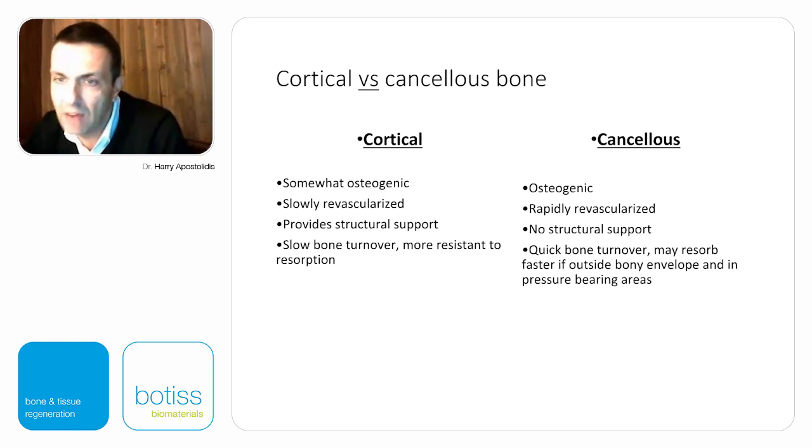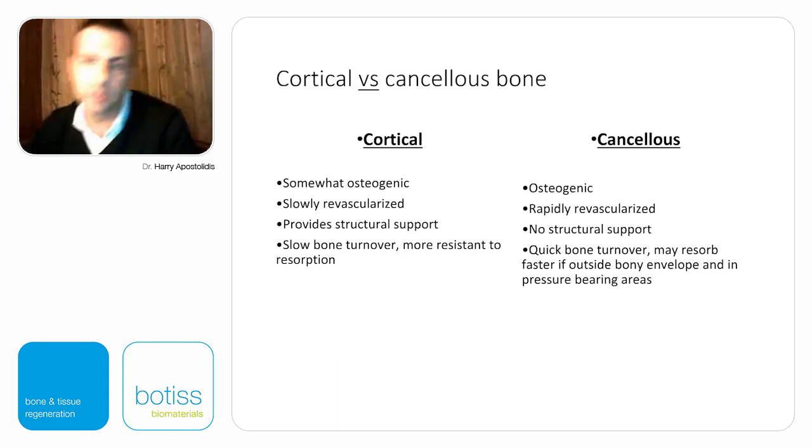It's full of live osteoblasts, is rapidly revascularized, which is good, but it doesn't give us structural support, so we have to find a way to fixate it somehow. It has quick bone turnover, so it may resorb faster if it's outside the bony envelope and if it's in a pressure-bearing area. So we have to combine this bone with xenograft granules to resist resorption.